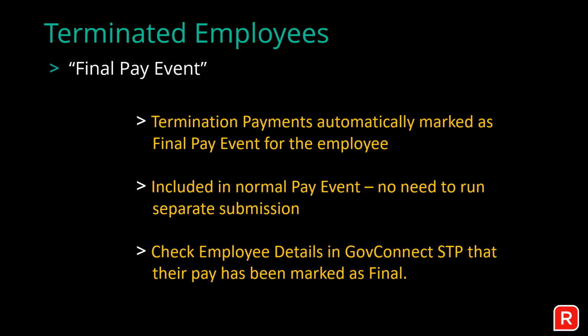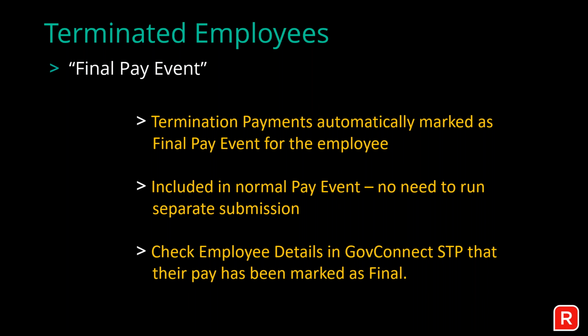Just keep in mind, with terminated employees, they need to be marked as a final pay event. But the programs, both Reckon Accounts and Reckon One, do automatically mark a terminated payment as a final pay event for that employee. It is also included in the normal pay event, so you'll see the terminated employee in the same list as your normal pay employees.